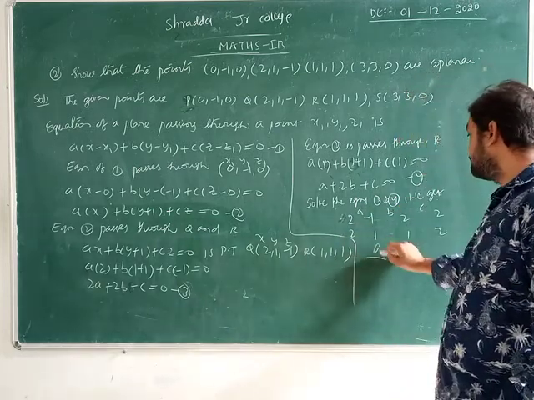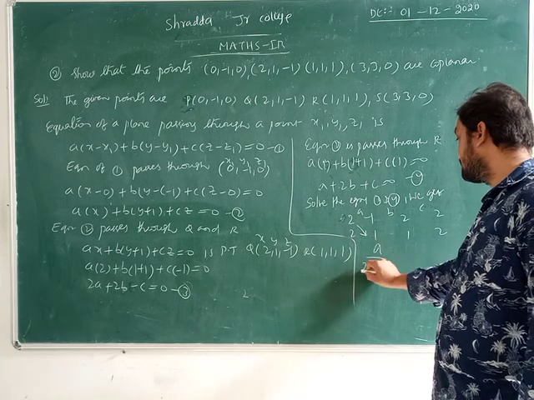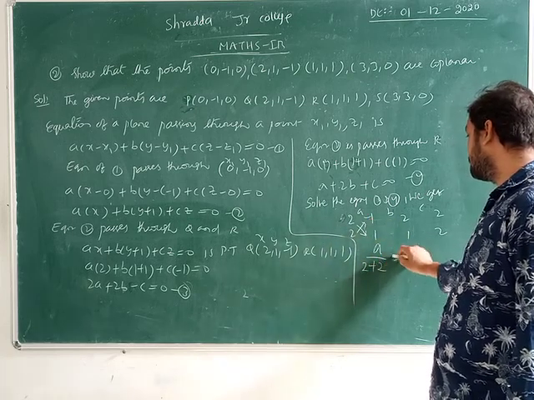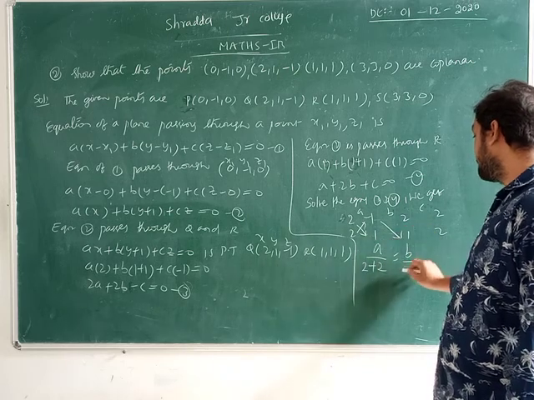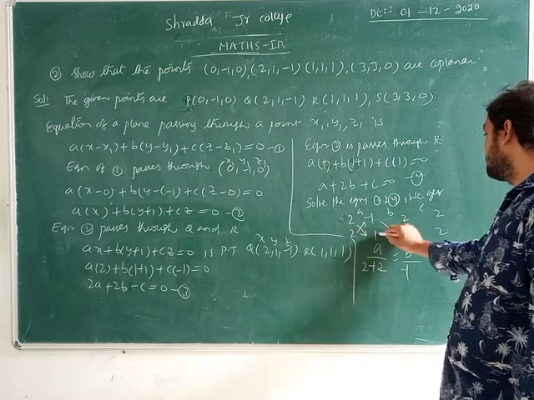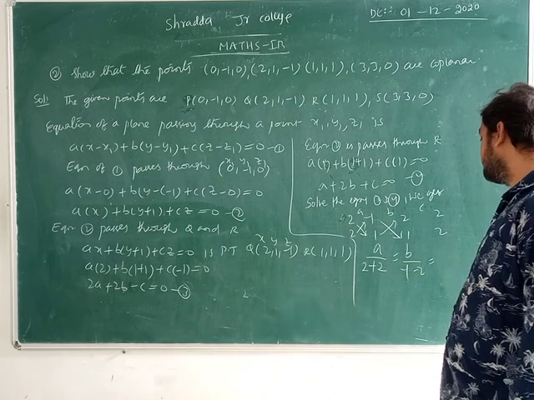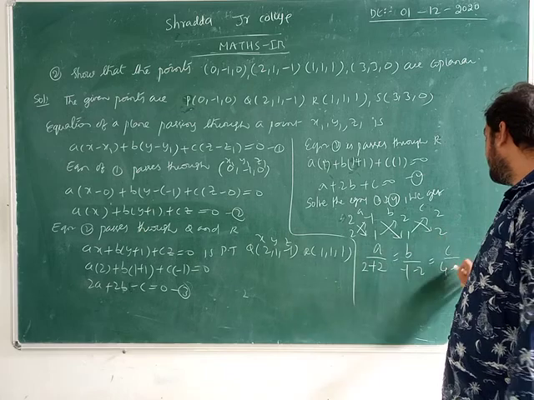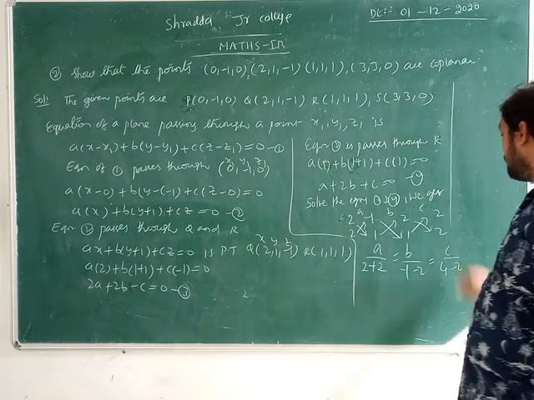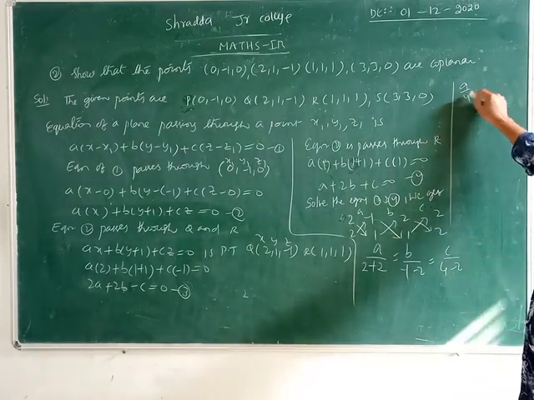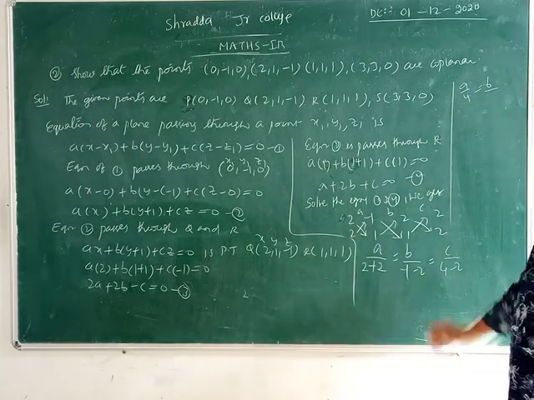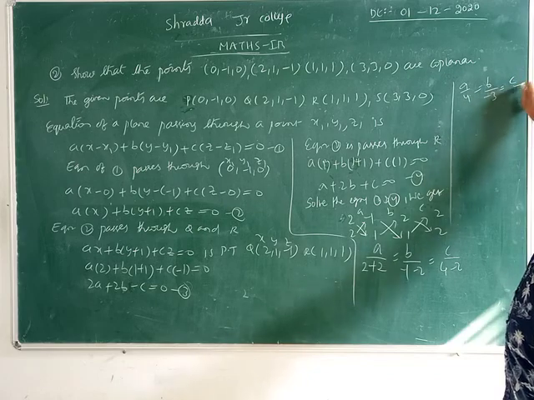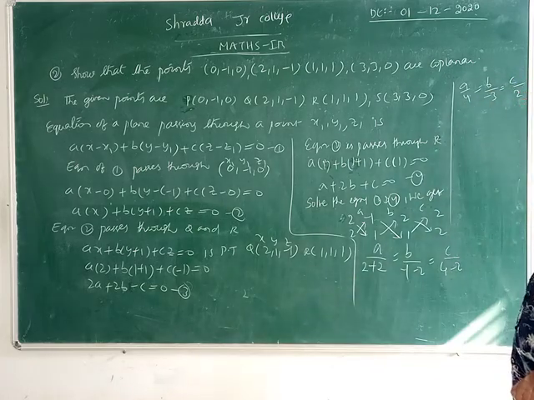By the cross multiplication method: a by 2 times 1 is 2, then minus into minus plus 2, 1 are 2. Now b by minus 1 minus 2. So c by 2 twos are 4 minus 2. So a by 4, b by minus 1 minus 2, that is minus 3, c by 4 minus 2, that is 2.